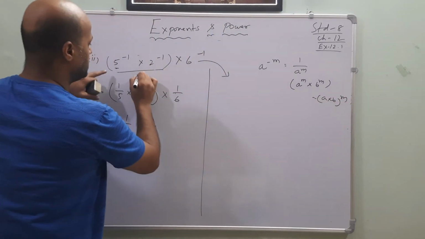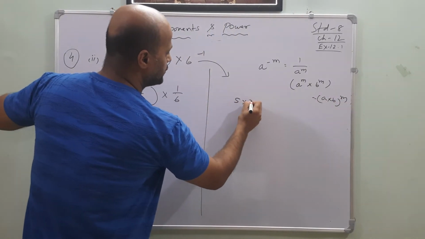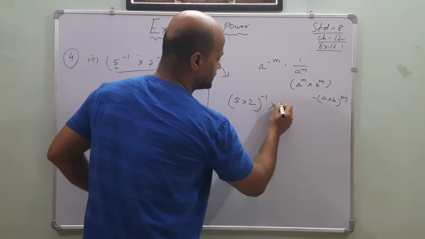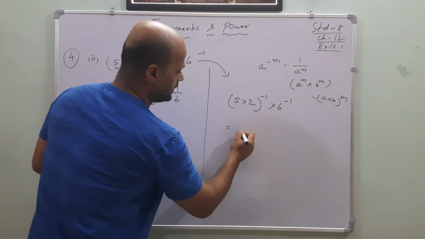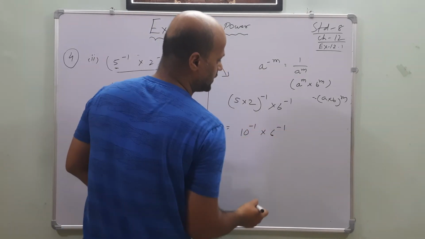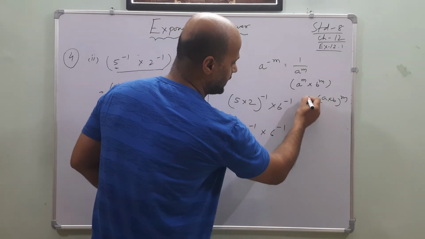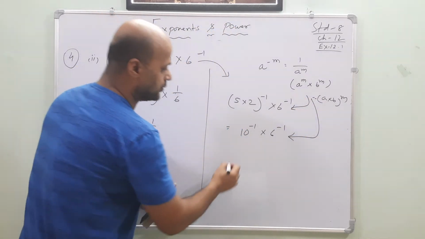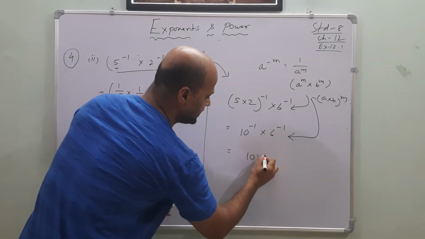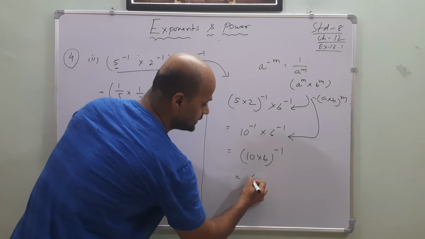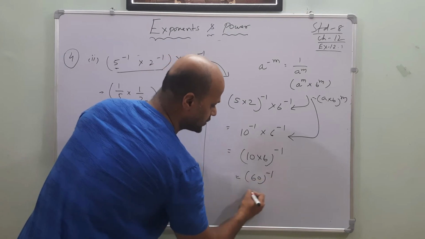Now put it here: 5 into 2 whole power of minus 1 into 6 power of minus 1, which is 10 power of minus 1 into 6 power of minus 1. Again the same formula is implemented: 10 into 6 whole power of minus 1 is equal to 60 whole power of minus 1.